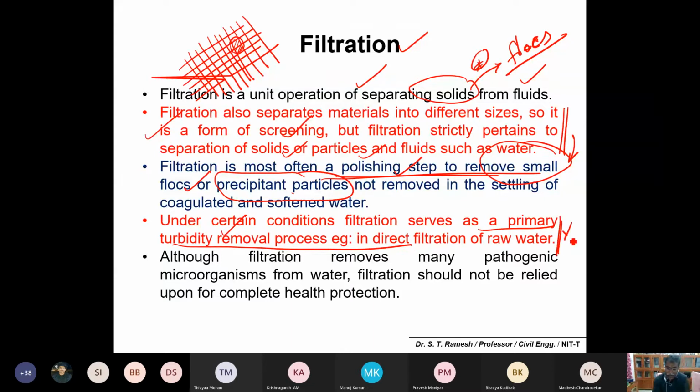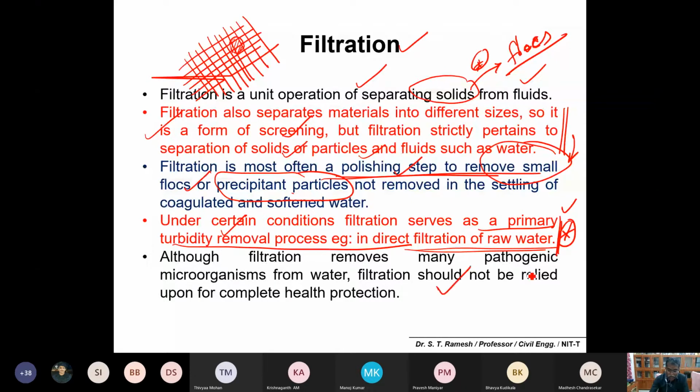For example, if the solids concentration is very low. If you recall the different treatment flow diagrams we have discussed, one of them is direct filtration, so you could avoid primary sedimentation and go directly to filtration.